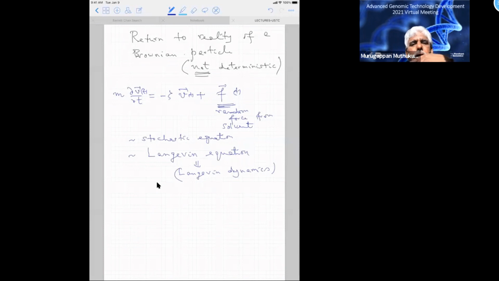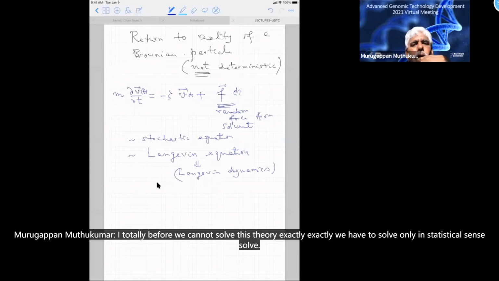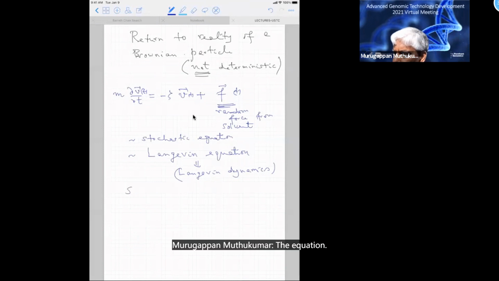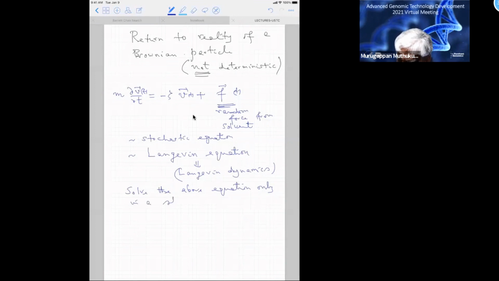As I told you before, we cannot solve this exactly. We have to solve the above equation only in a statistical sense.